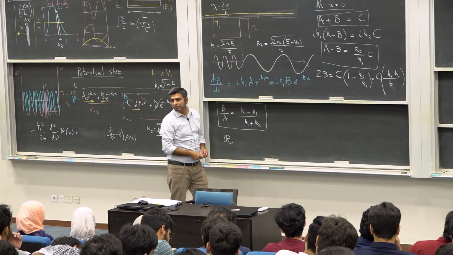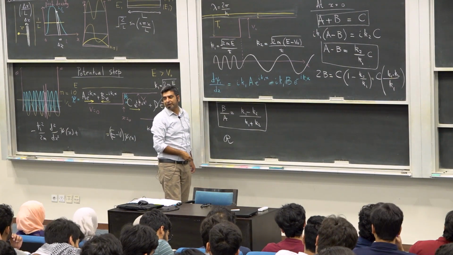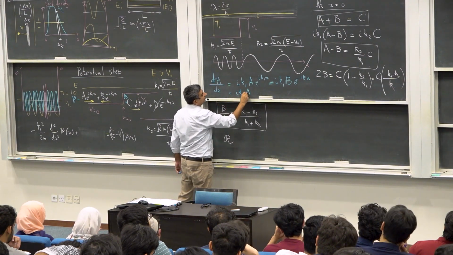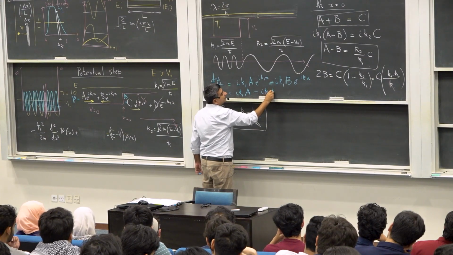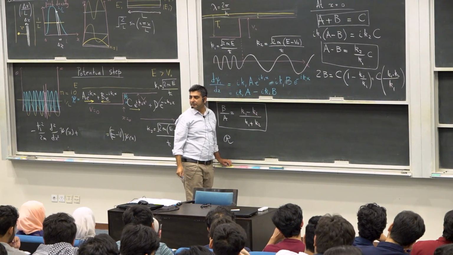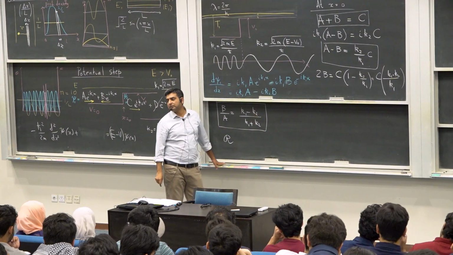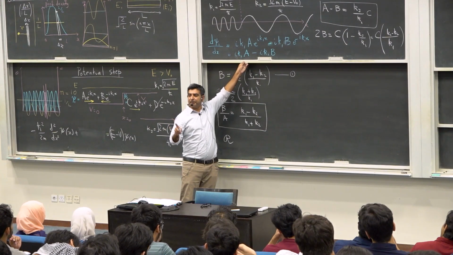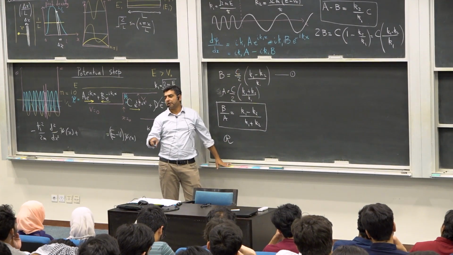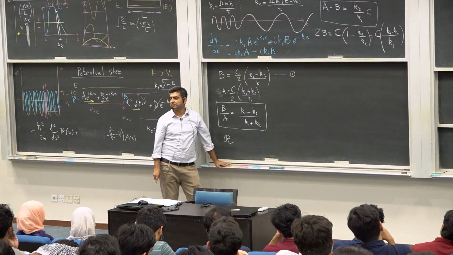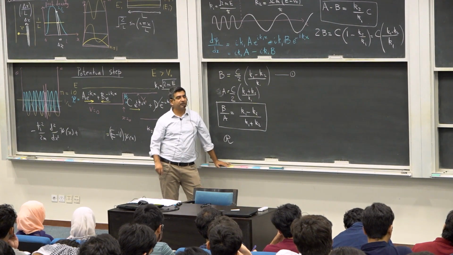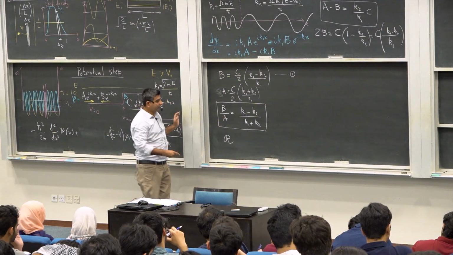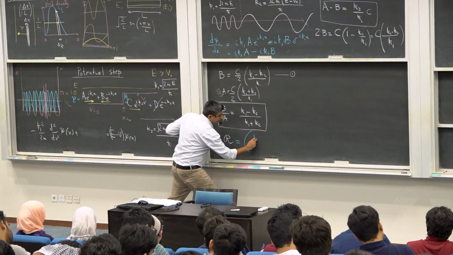If I put x equals 0, what do I get? i k1 a minus i k1 b. See? Likewise the right hand side. Yes. Because we have properties that psi is continuous and the first derivative is also continuous. Remember from the infinite well. So now this term gives us the reflection coefficient, which is just going to be the square of this.